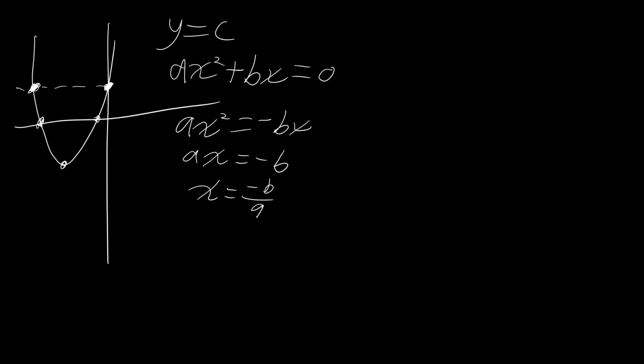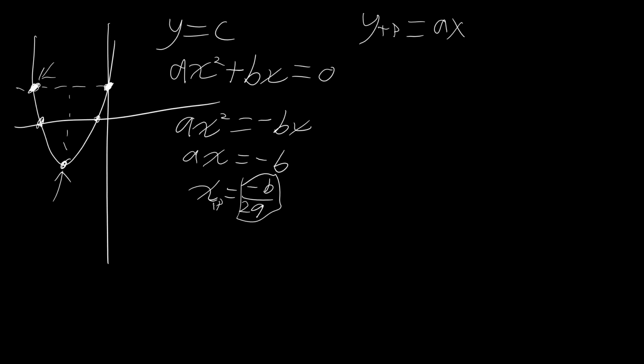Then we want to find the turning point. So x of the turning point is half the x coordinate of the y mirror, because it's halfway between the y-intercept and the y mirror. So negative b over 2a. When we want to find the y coordinate of the turning point, we must sub this back into the original equation.